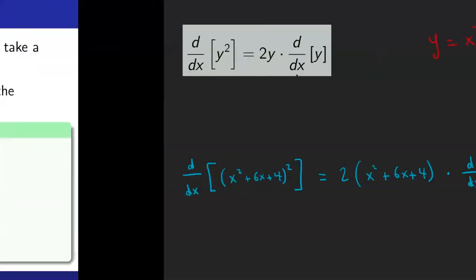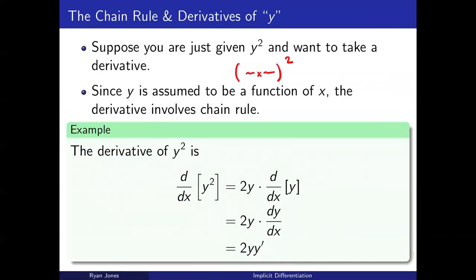So this is implicit differentiation. This is the idea that we're taking a derivative of this function y without explicitly writing out what y actually is. And that's why we call it implicit differentiation, because we're not explicitly stating what y is as a function of x. And we're still getting an answer for the derivative out.